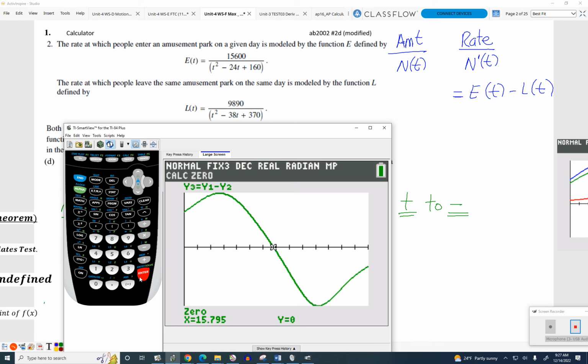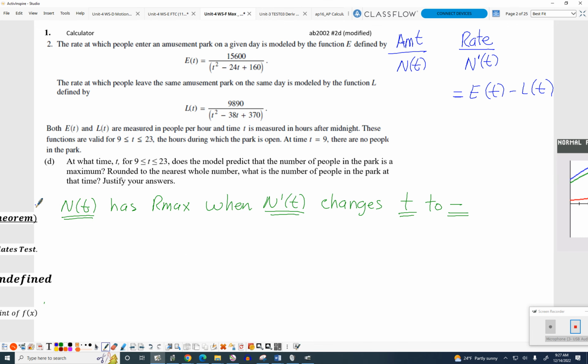Okay, now this is Maddox's question. I need to use 15.795, but I cannot retype 15.795. That will cause me to lose points. So I'm going to write it down.